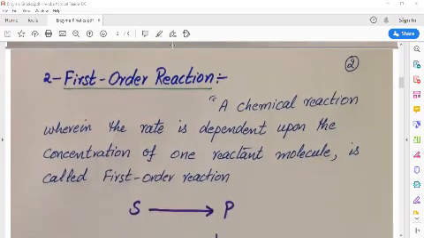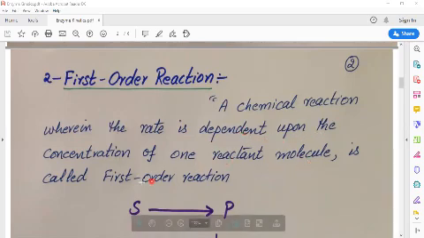Now we will discuss the first order reactions. A chemical reaction wherein the rate is dependent upon the concentration of one reactant molecule, that is called the first order reaction.